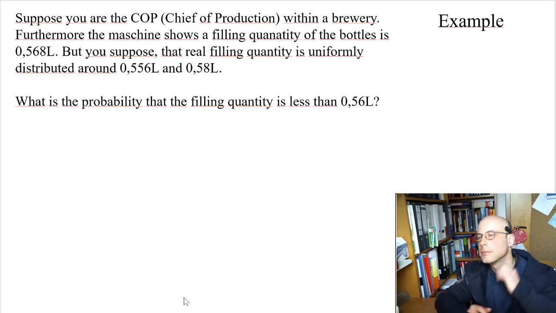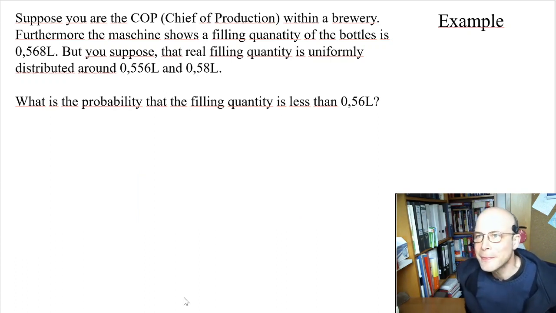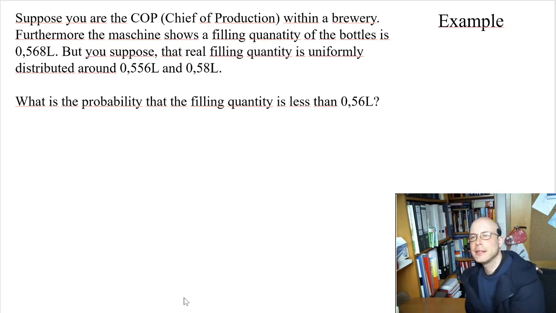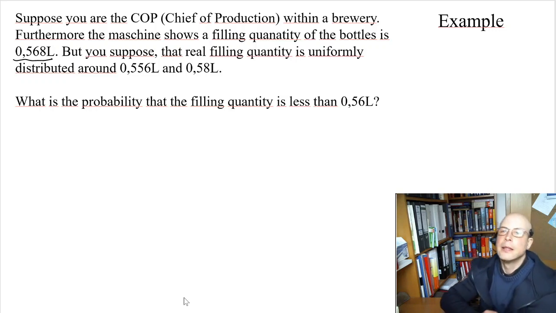So let's also do a little example. Suppose you are the COP, the chief of production. I don't know if this really exists, but anyway, within a brewery. Furthermore, you are responsible for the filling machines, and the filling machines say that you are always filling 0.568 liters. I took this number because this is just a pint in England.